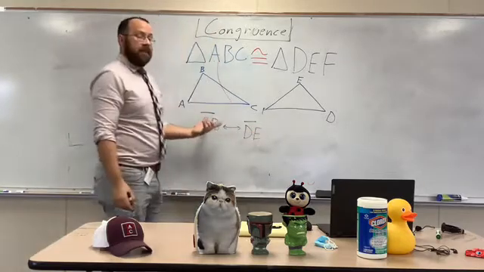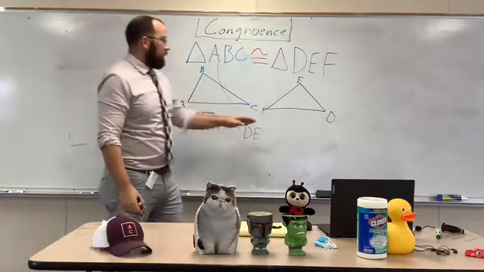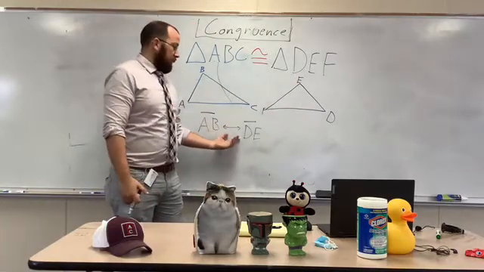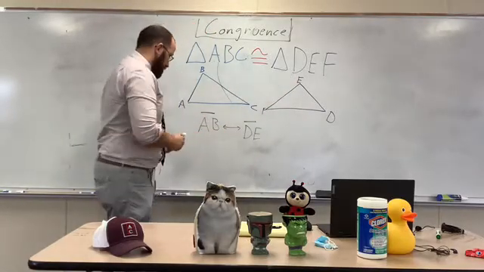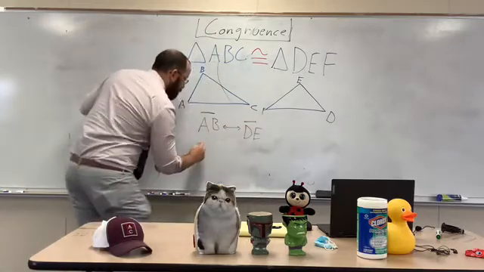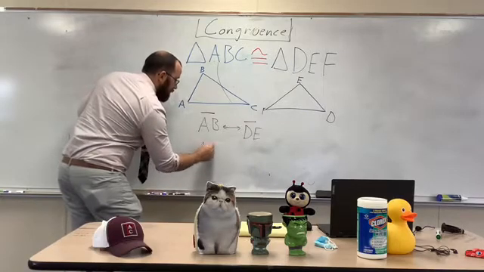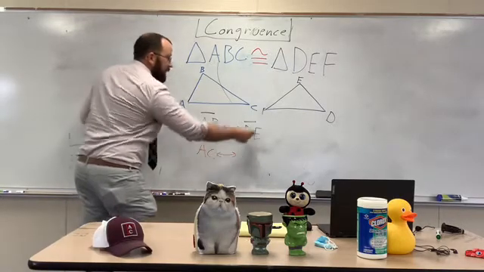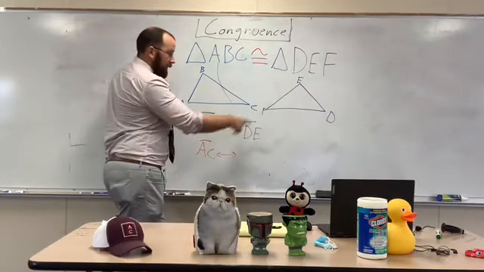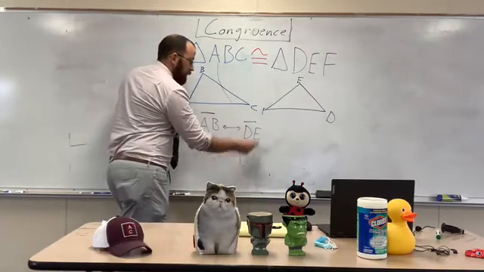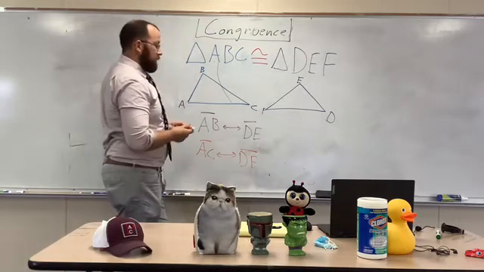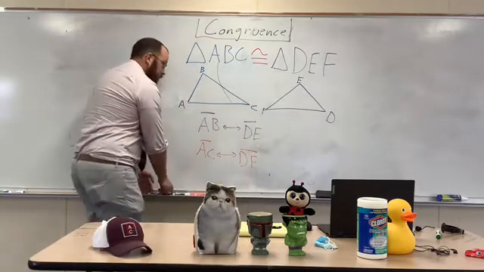Again, it's in the same order. AB, DE, it has to go in the same order. Those are corresponding sides. Another corresponding side here would be AC. What is the corresponding side over here? I started with A, so I have to start with D, and then I go over to F. Same sides.